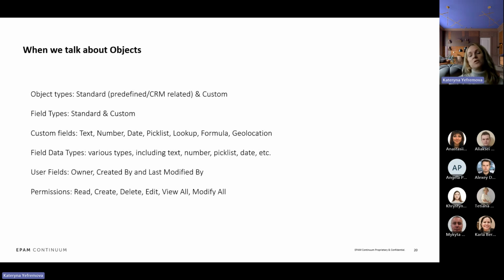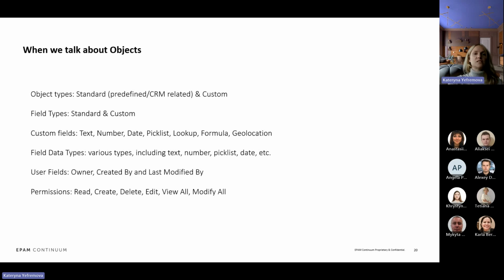So what is a custom object? It's when a person wants to have an absolutely new object for their own purposes, or sometimes they want to customize standard objects. So as a business analyst, you also have to try to understand what is better. For example, if they want just one custom field, it's better to add one custom field to the standard object and you're done.